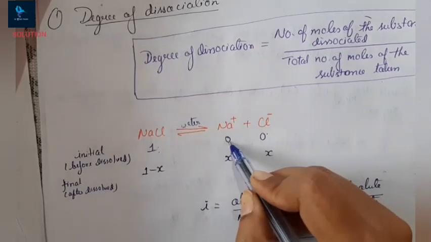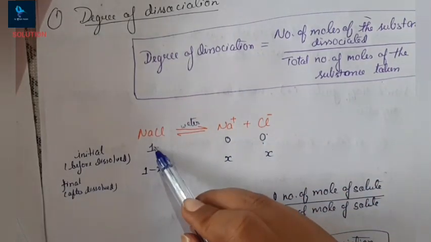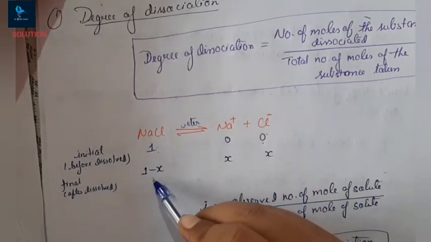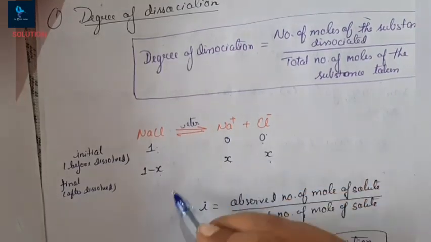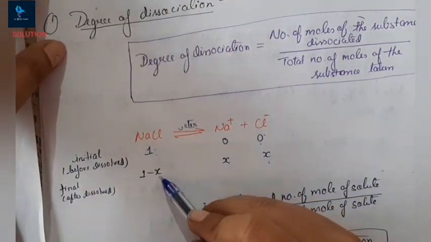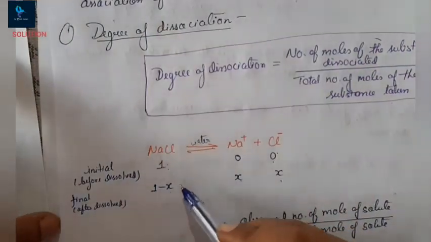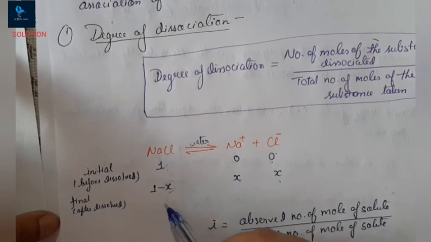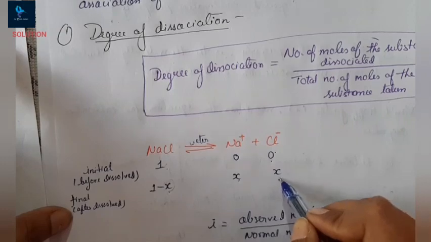There is no formation of Na plus and Cl minus, but when it dissolves in water, then we get 1 minus x, and x and x. What is x? X is some part that dissociates from the NaCl.